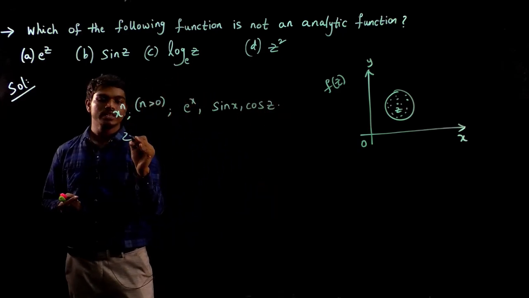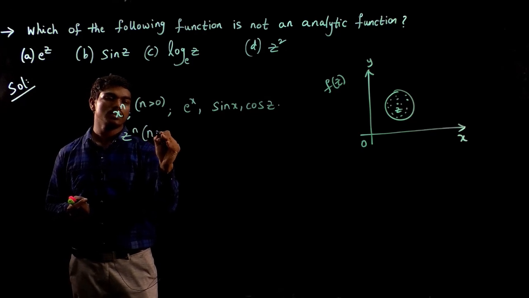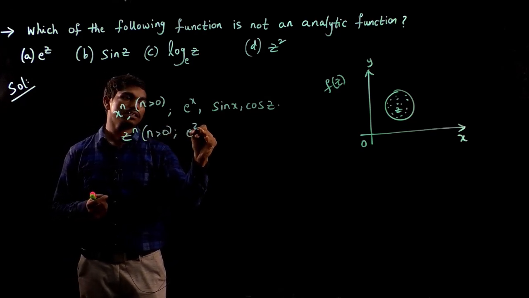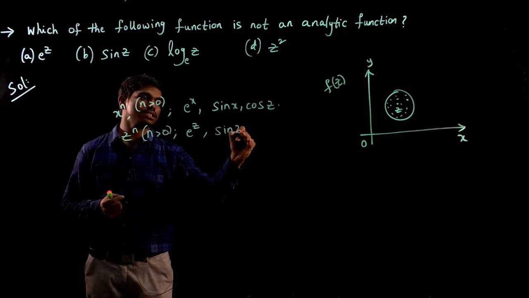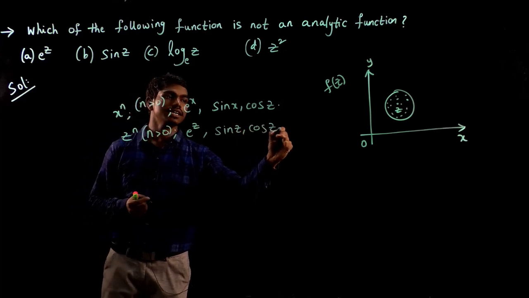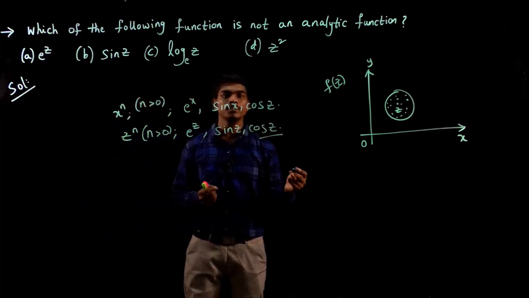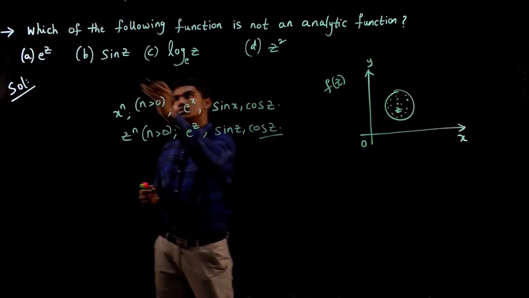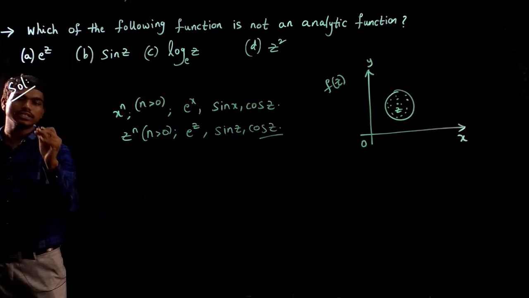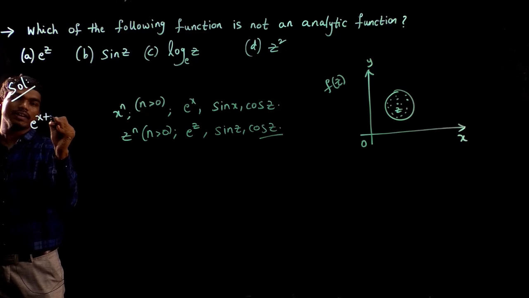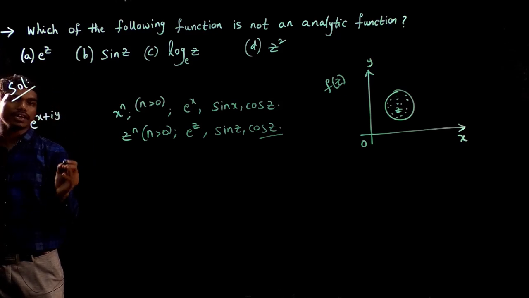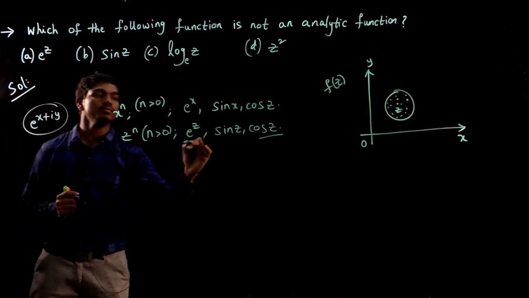Similarly we have z power n, of course n greater than 0, e power z, sin z, cos z, and all these functions are differentiable at each and every point of the complex plane. So e power z, which is e power x plus iy, because z can be written as x plus iy, is analytic at every point.